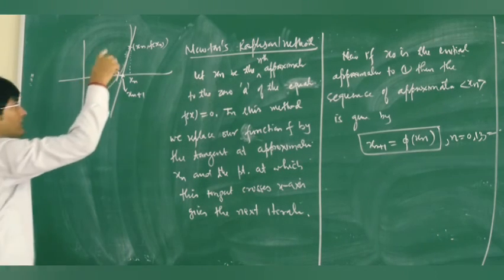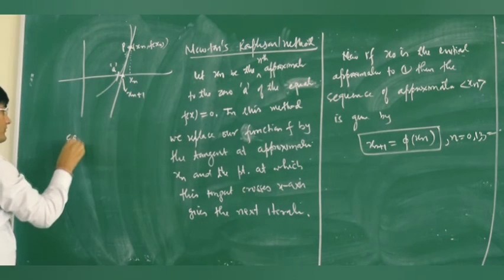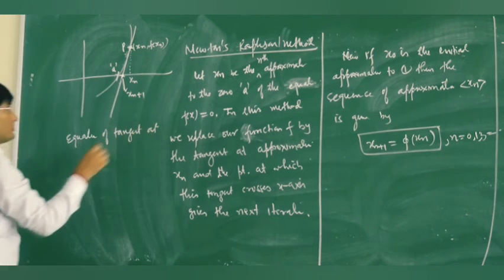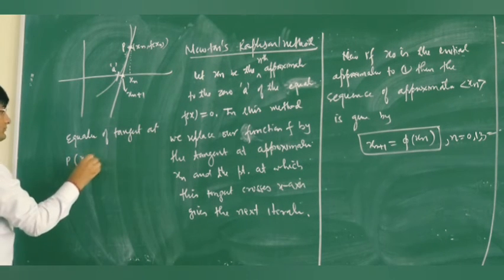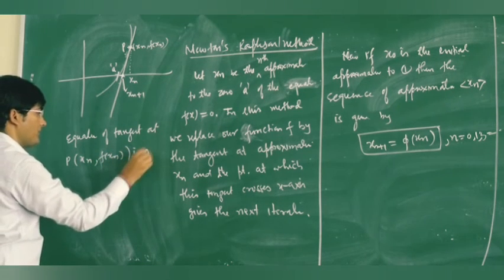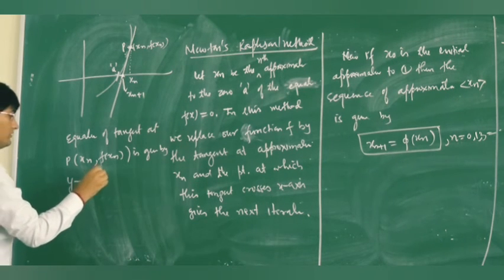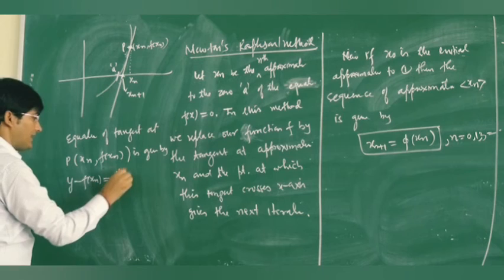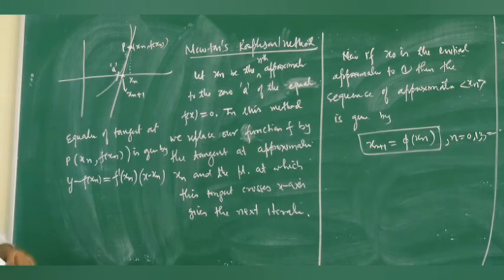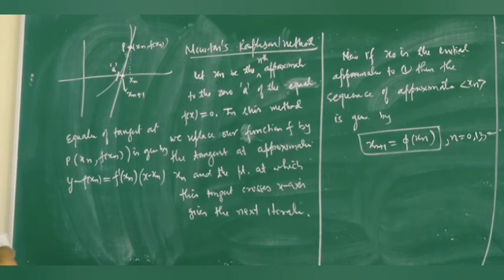Now the equation of this tangent at this point P is given by y minus f of xn equal to f dash xn, that means the slope, into x minus xn. Now the point at which the tangent crosses the x-axis will give you the next iteration.